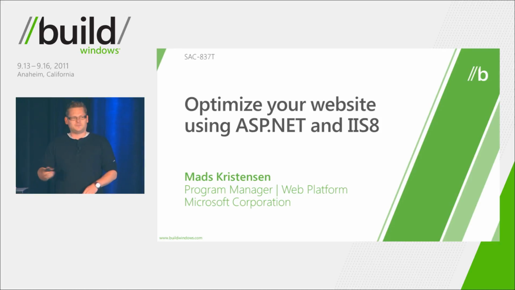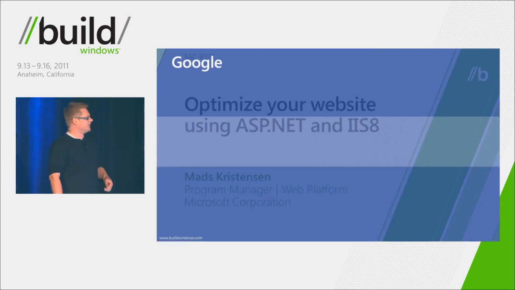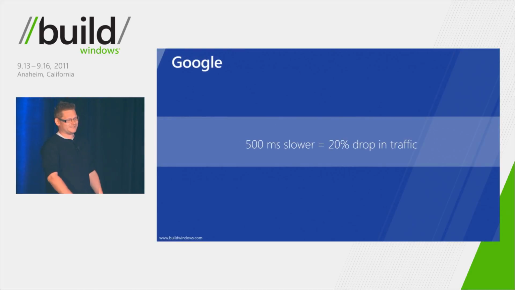So website performance is one of these abstract things. There's so many different ways we can go about this. And you might think, why is this even important? Internet connection speeds are getting faster and faster all the time, so why does it really matter? Well, Google did a test.